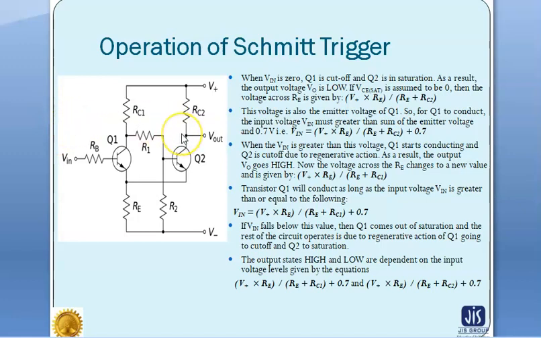At the same time, the transistor Q2 is driven to saturation state, that is on state. Therefore, the output states, high and low, depend on these two values of input voltage.